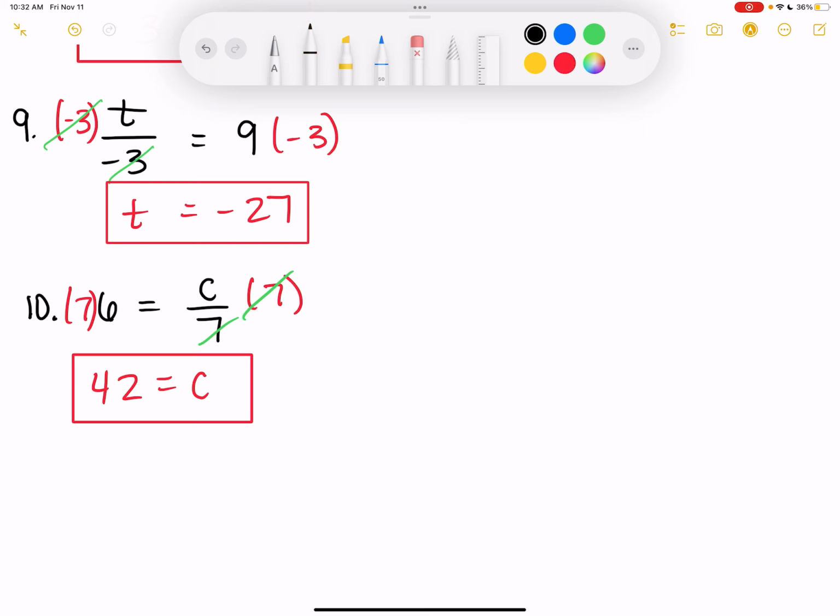Let's see. Number 11. 13 equals z divided by -2. Yep, multiply by -2. And on the right, they're canceling. And then what do I have?